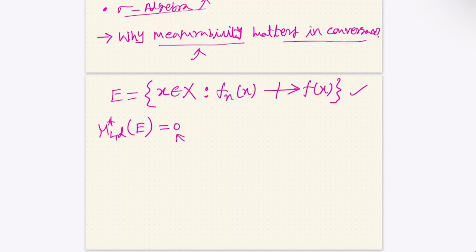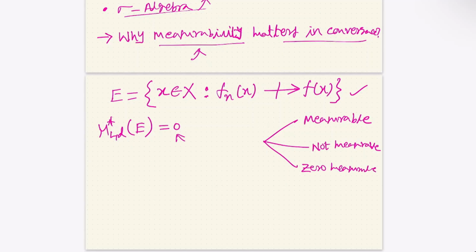There are three things you can say. One is that a set is measurable. Another is that it is not measurable. Another is zero measure.